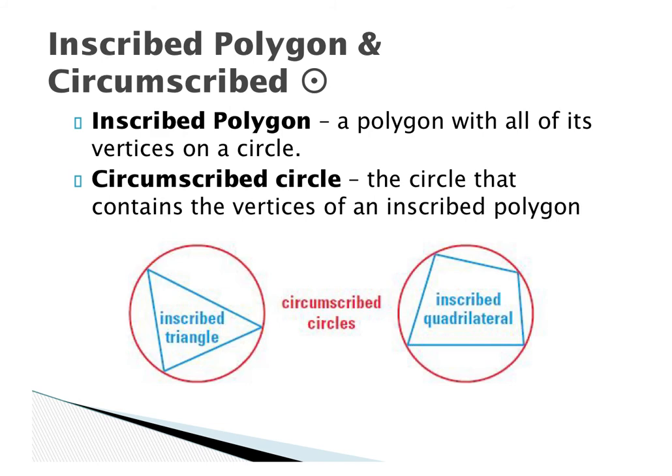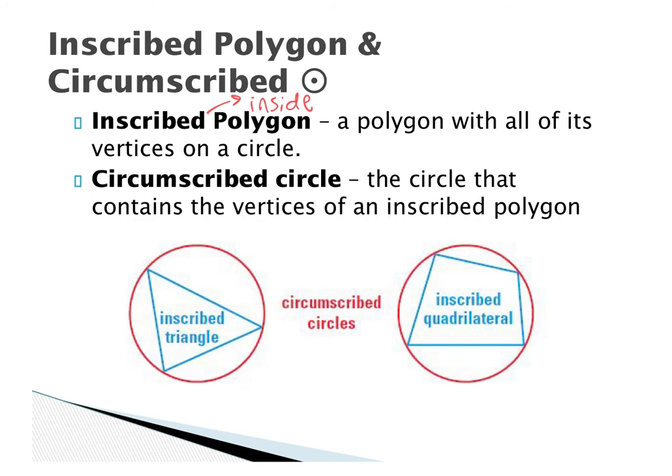Every vertex of that figure lies on the circle, okay? And then the inscribed means it's inside, right? So inscribed, you may want to write a note to yourself how to remember that, would be inside. It lies inside the circle. So all the vertices are on the edge of the circle and the shape is inside the circle. Okay? There's no part of the shape that's outside the circle.